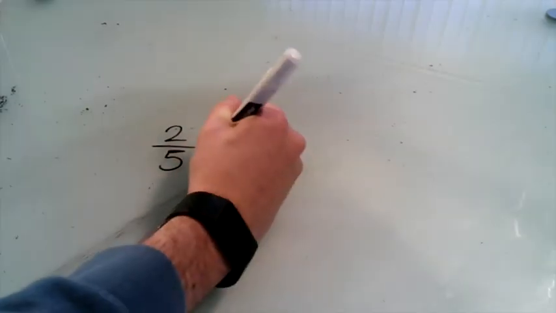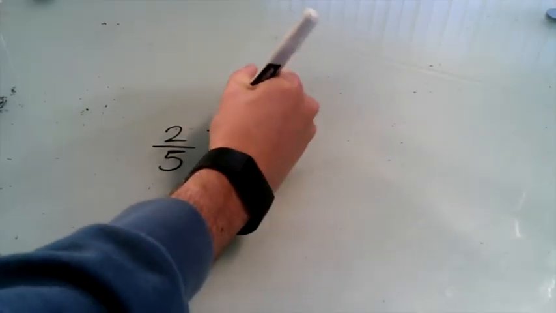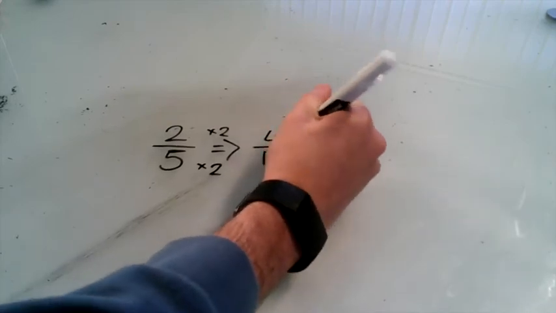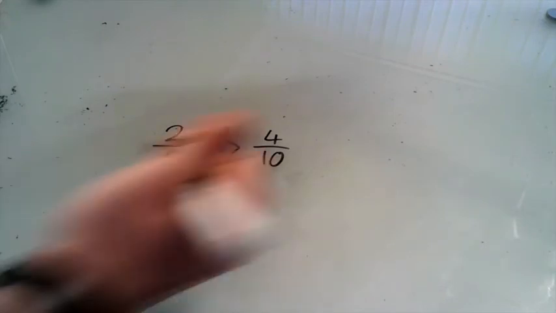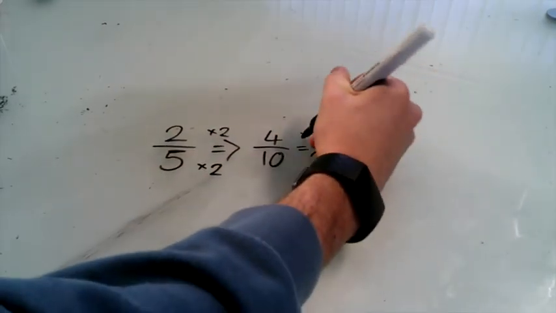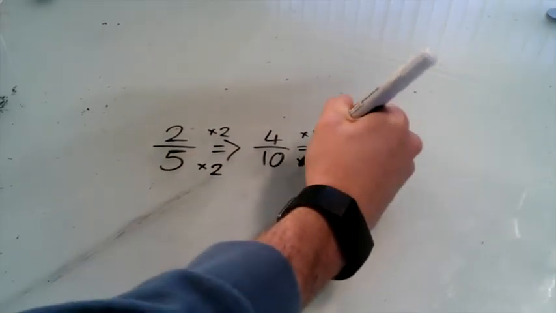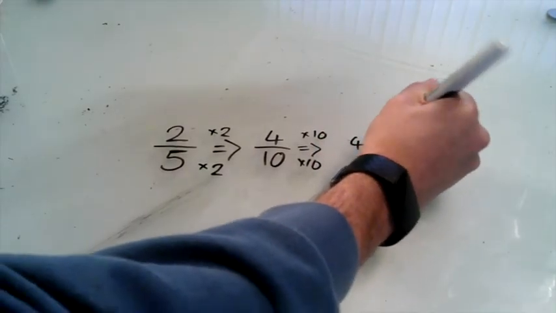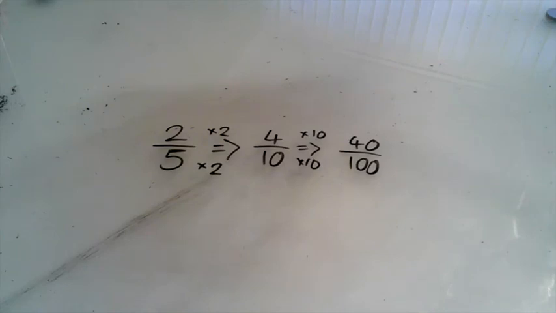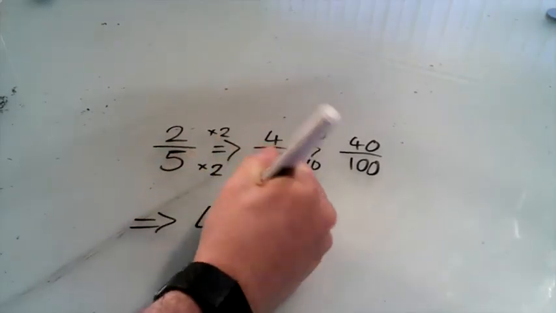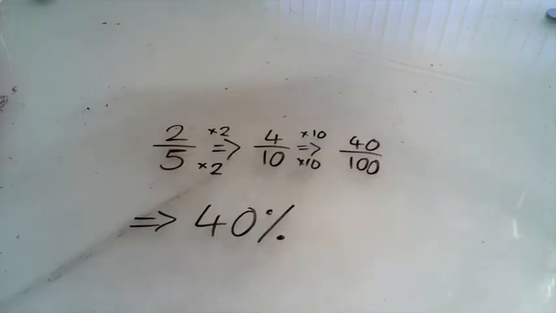So to find 10 first, we're timesing each of these by 2, aren't we? Which would then give us 4 over 10. We now want 100 on the bottom, so we're timesing this fraction by 10 to give us 40 over 100. And now we've got a fraction with 100 as our denominator. So we know that I am eating 40% of that chocolate bar.